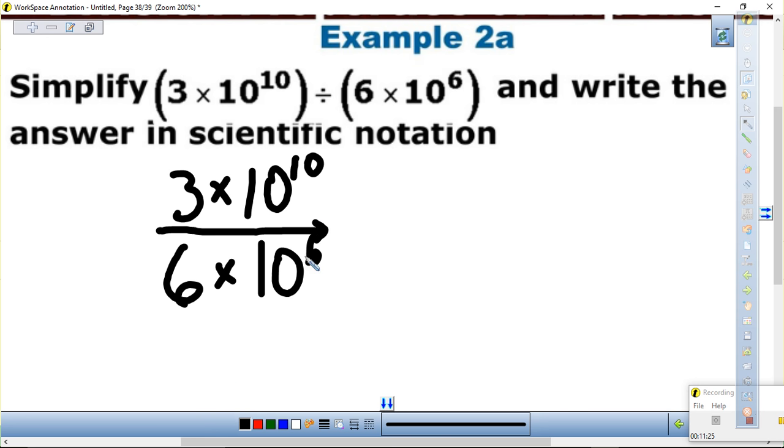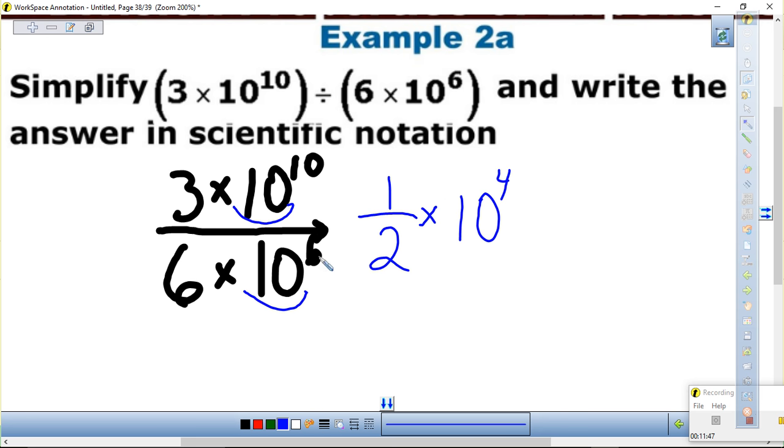Can we simplify 3 over 6? What is that, everyone? 1/2. Times. Are these the same base? Yes. So that is 10 to the what? To the 4th, because it's 10 minus 6. Is that correct?